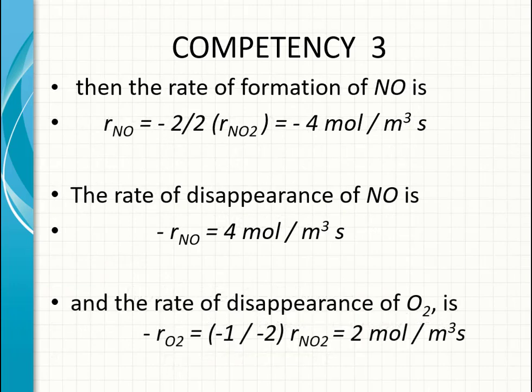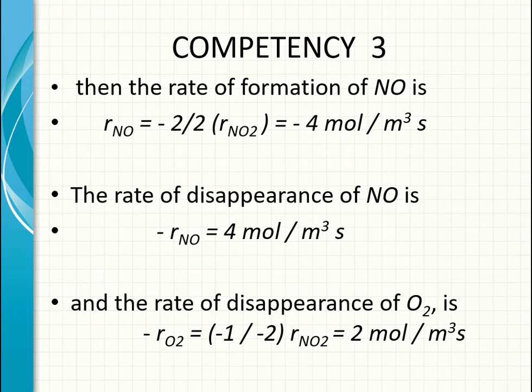Then the rate of formation of NO is: the rate of NO is equal to minus 2 divided by 2 times the rate of NO2, which is equal to minus 4 moles per cubic meter second. And the rate of disappearance of NO is minus rNO equal to 4 moles per cubic meter per second.